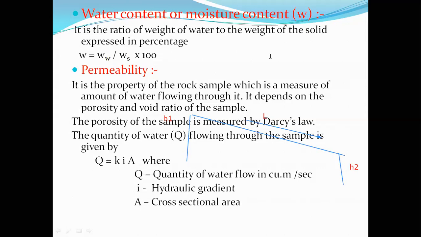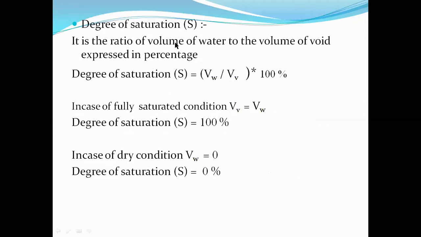Okay, so let's move on. This is about permeability. Next, let us discuss the degree of saturation. If any rock mass contains full water, we can say it is fully saturated, right?